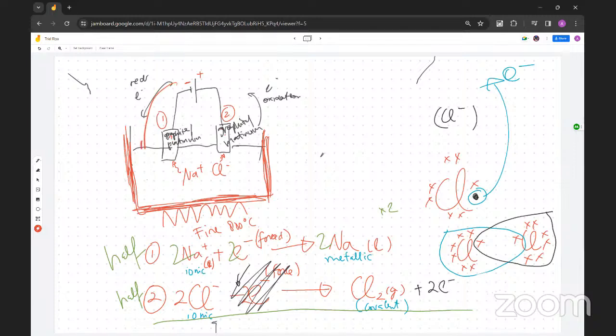The 2 electrons here must balance the 2 electrons going out. 2 electrons go in, 2 electrons go out. It cannot be 1 electron going in, 2 electrons going out. That doesn't make sense physically. What comes in must be what comes out. Does that make sense?